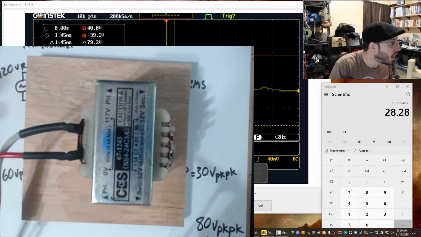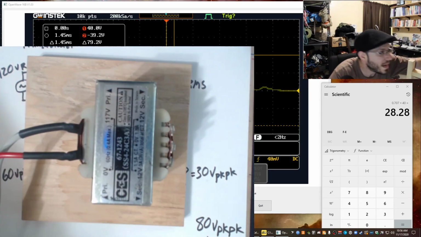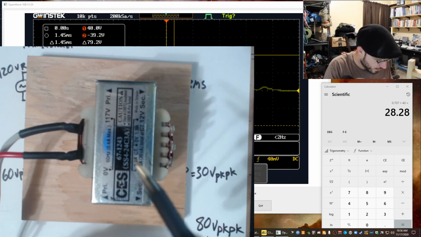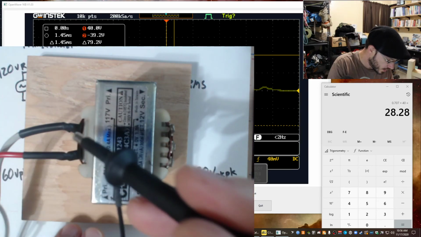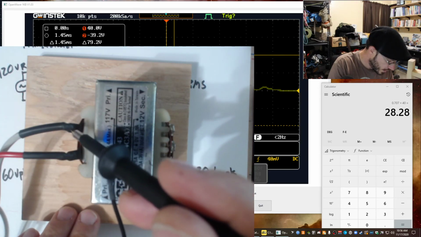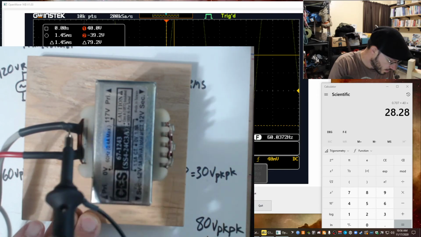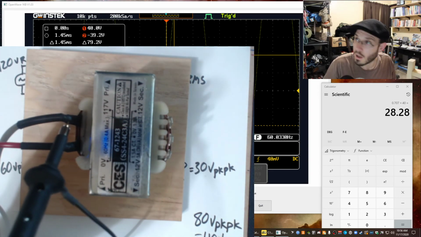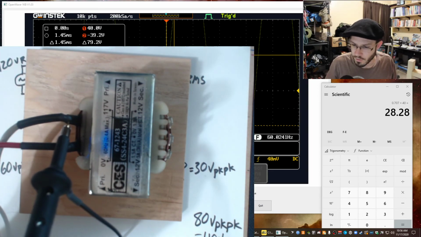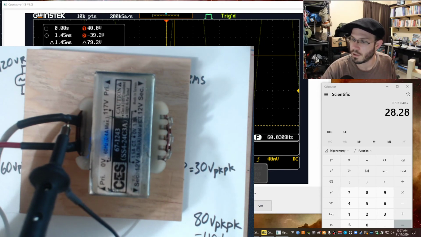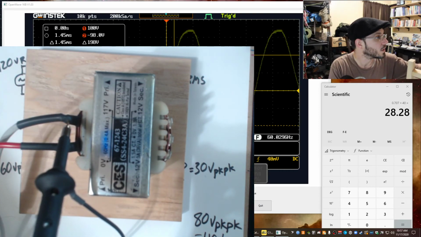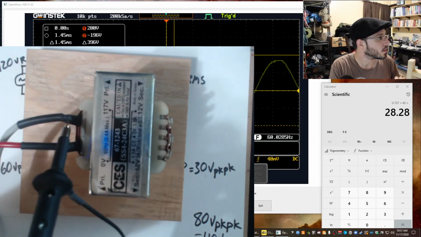My oscilloscope is rated to safely do 300 volts RMS, so 120 volts should not be an issue. Make sure that I don't end up shorting this out anywhere. There we are. All I did was pierce through the heat shrink tubing that I put on there to keep me safe so I don't accidentally touch the thing. And let's look at that input.